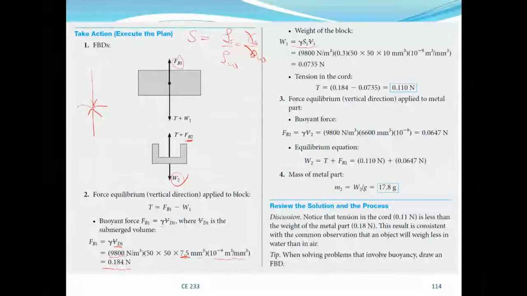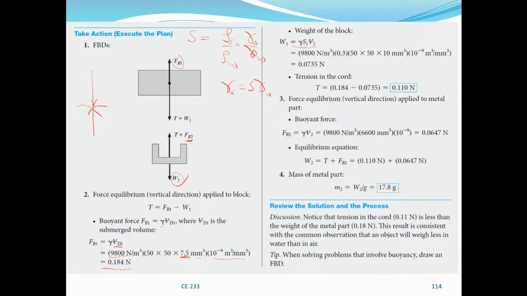To find gamma S, which is the specific weight of the block, it is equal to the specific gravity times the unit weight of water.